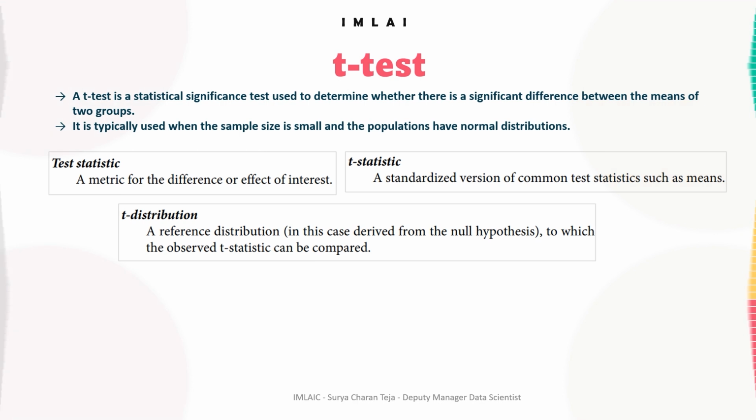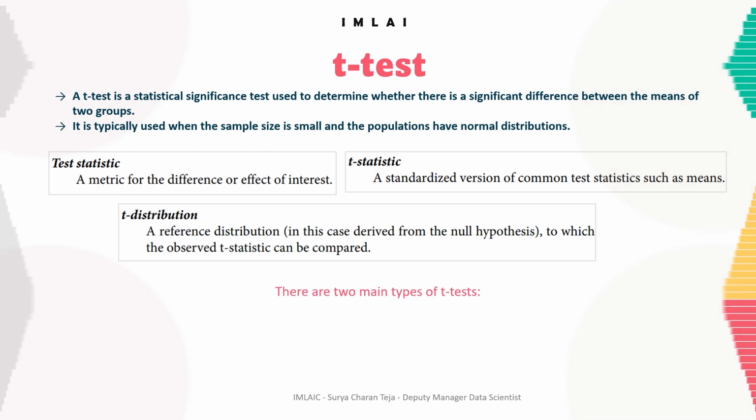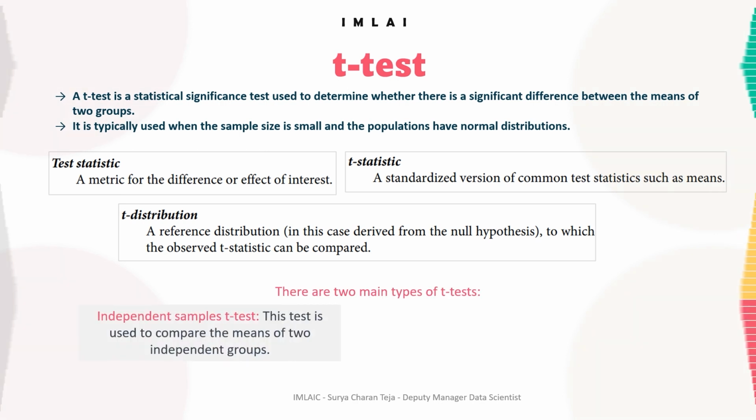So now we will look into the first type of t-test, that is the independent samples t-test. This test is used to compare the means of two independent groups. For example, you might use an independent samples t-test to determine whether there is a significant difference in the salaries of men and women in a particular company.